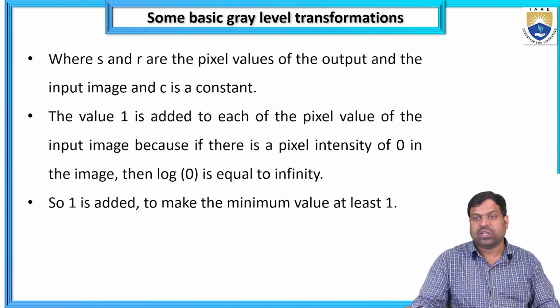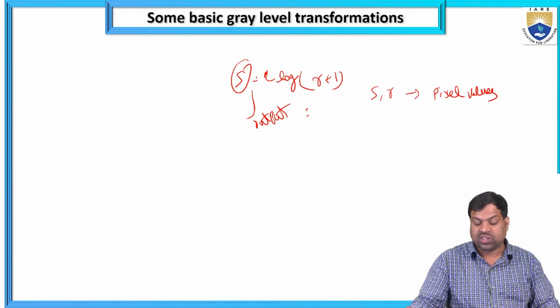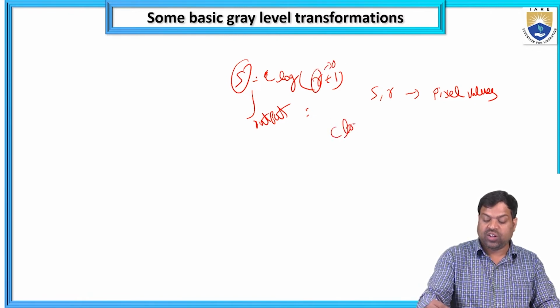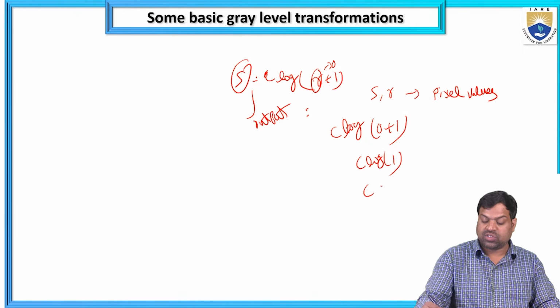So 1 is added to make the minimum value at least 1. Suppose I take R equal to 0: C log of 0 plus 1, that is C log of 1. Log 1 equals 0.